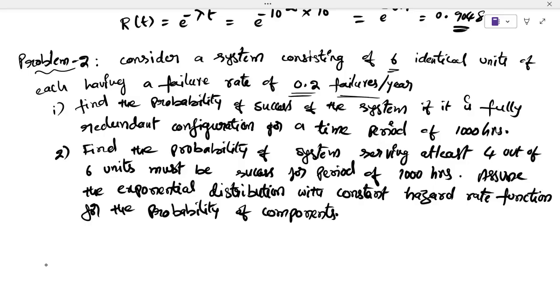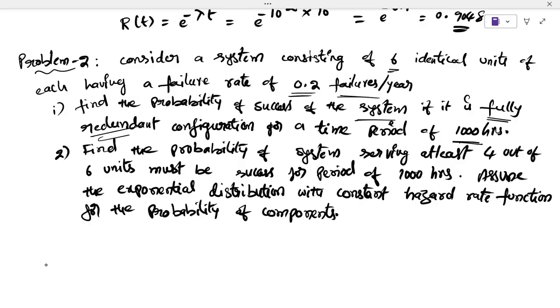The first one is to find the probability of success of the system if it is a fully redundant configuration, that means all components are working satisfactorily, for a time period of 1000 hours.